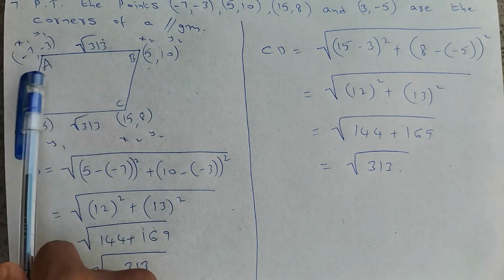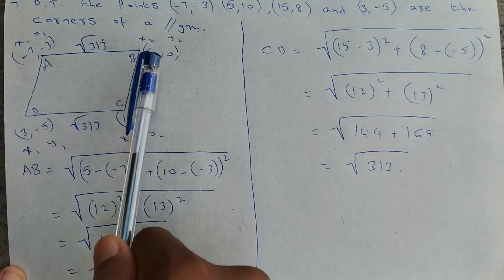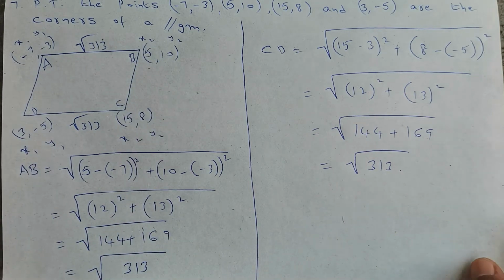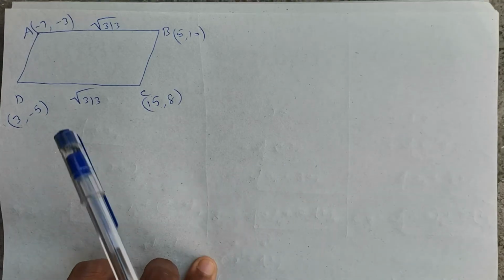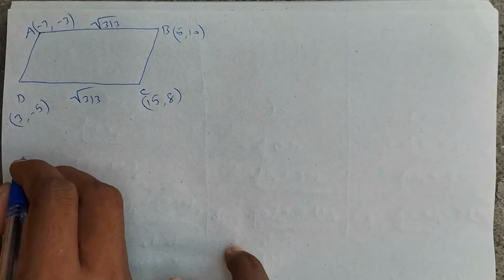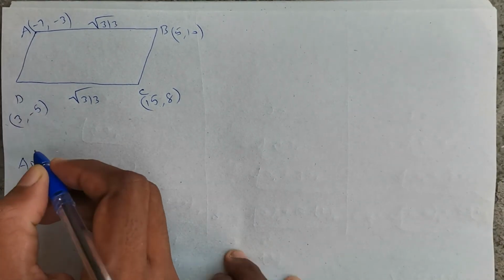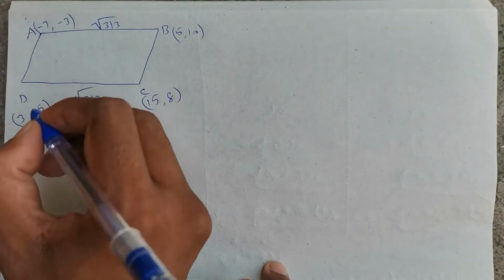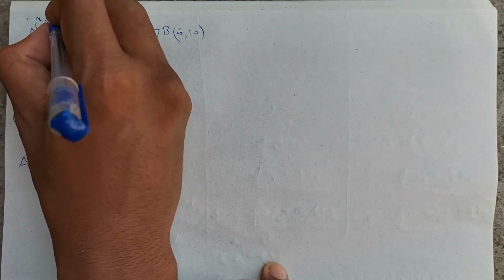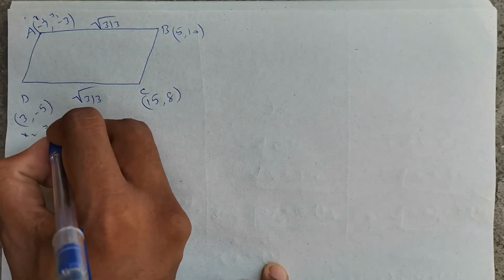Now we need to confirm these two also. Let us find AD distance, then after BC distance. Okay, now let us find out the distance between AD. So AD is equal to, this I will take as x1 y1 and this as x2 y2.